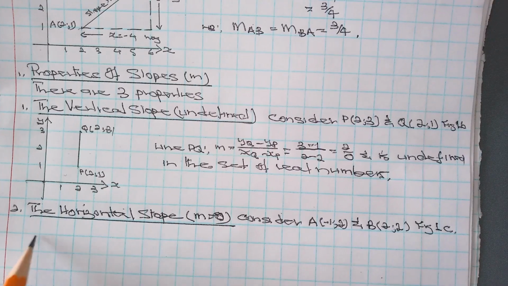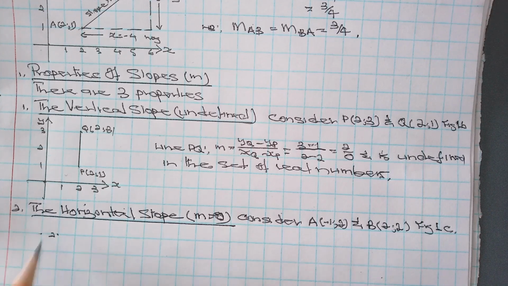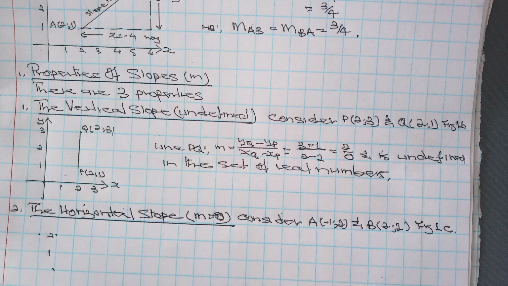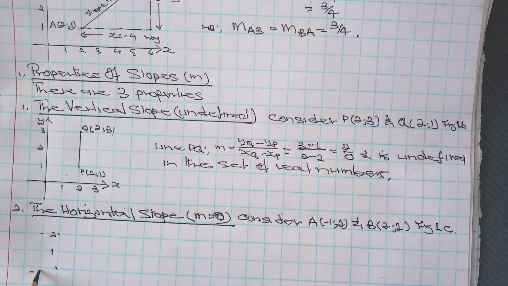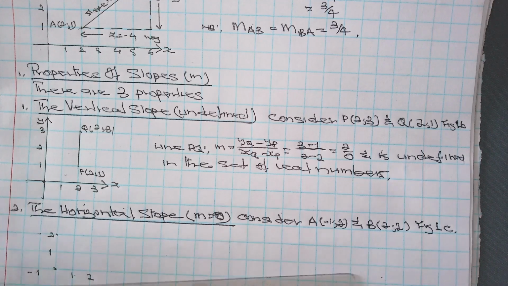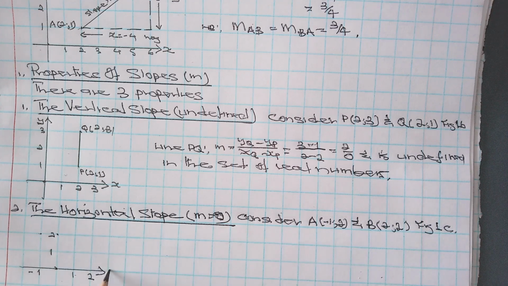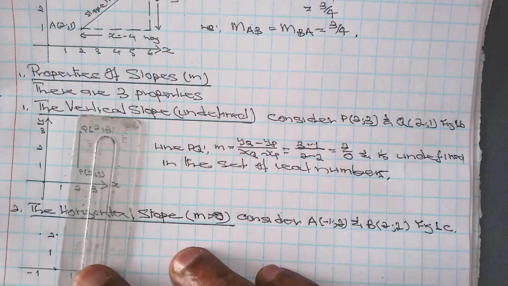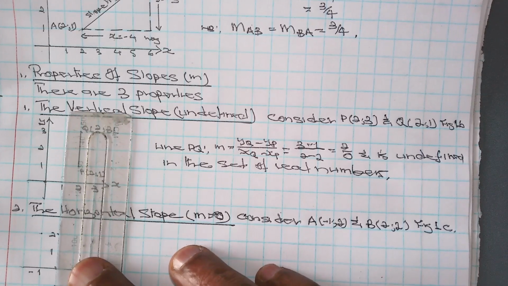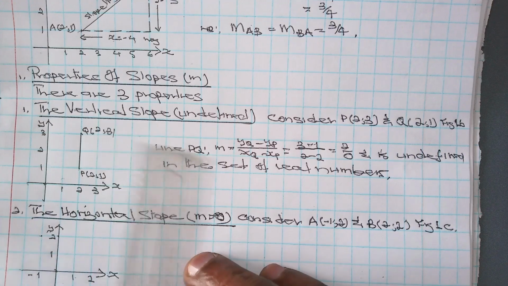We have negative 1, 2, 1, 0 on the y-axis. Then we have negative 1, 0, 1, 2 on the x-axis. We draw the line. The x-axis line, we have x here, and then the y-axis line, we have y here.